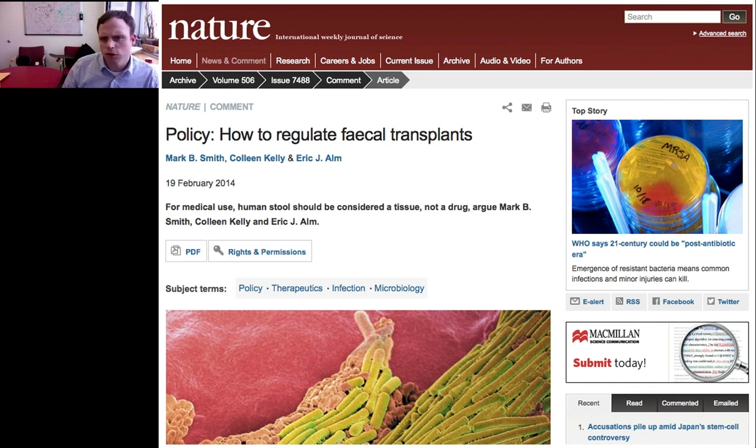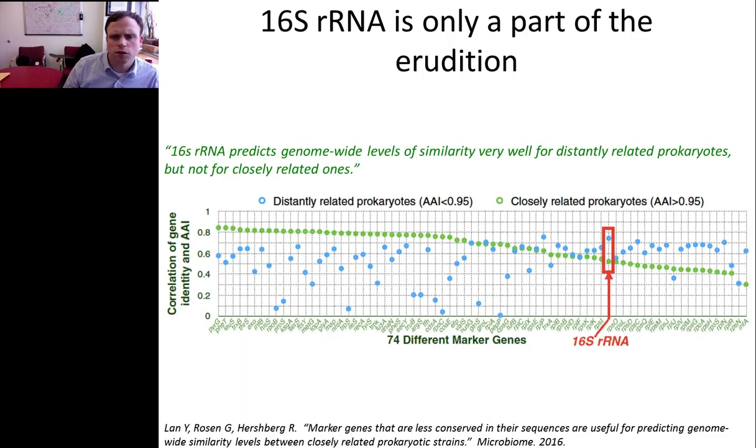But here too, even with all this promise and power, the question is, if I do a transplant, how do I know that it'll work or what I am transplanting? That has historically depended a lot on 16S ribosomal RNA sequencing. You can see here from work from Gail Rosen and Hirschberg that if we were to pick a gene today to define what's in a sample, where would it fall if you pick different marker genes that are present in almost all bacteria that you can amplify, and you compare to, say, amino acid identity or general similarity of distantly related prokaryotes or closely related ones?